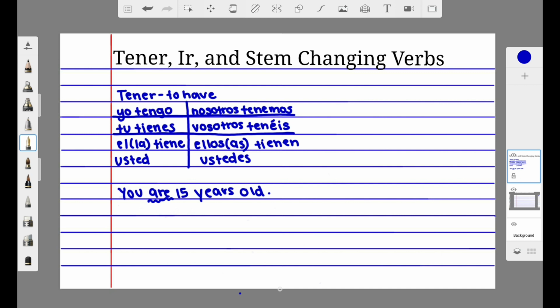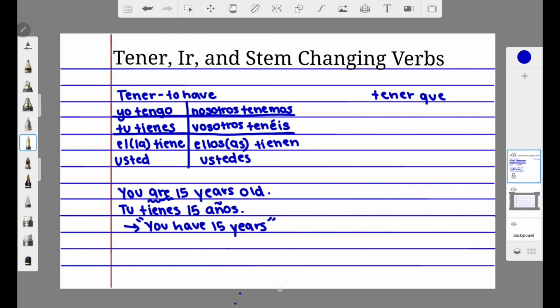We actually use tener. So if I wanted to translate this, I would say, tú tienes 15 años, years. So literally what it translates to is you have 15 years. And that's just the way you say it.